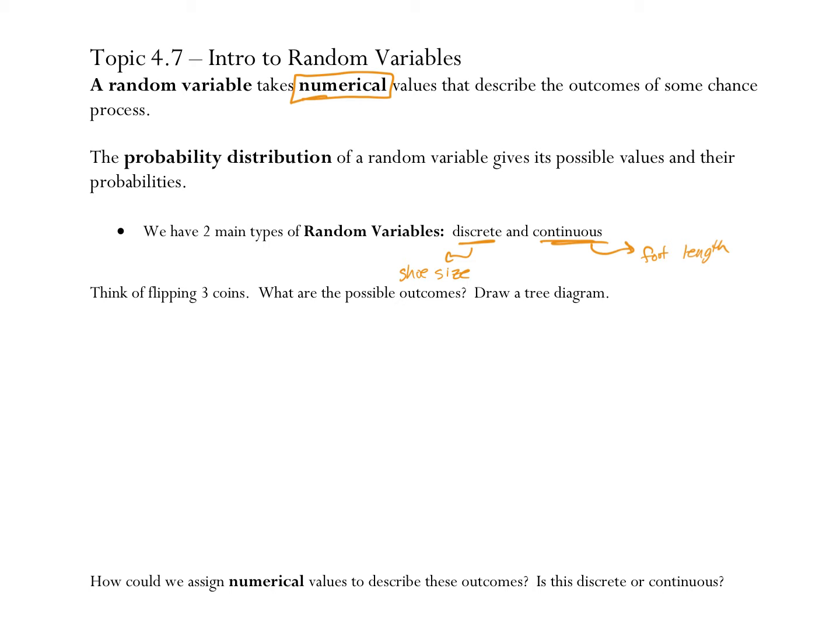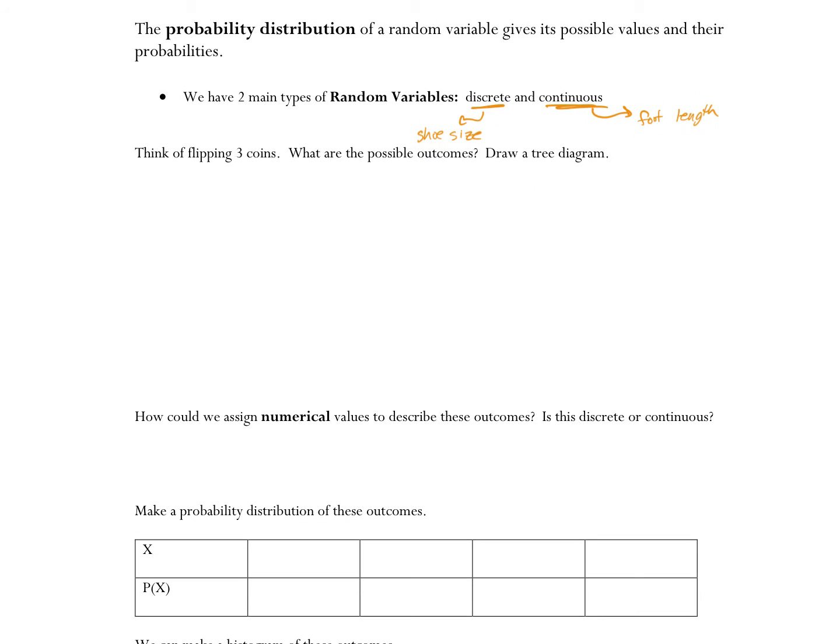All right, now let's take a very classic chance event, a coin flip, but this time instead of flipping one coin, we're going to flip 3 coins. Everybody good? All right, what are the possible outcomes?